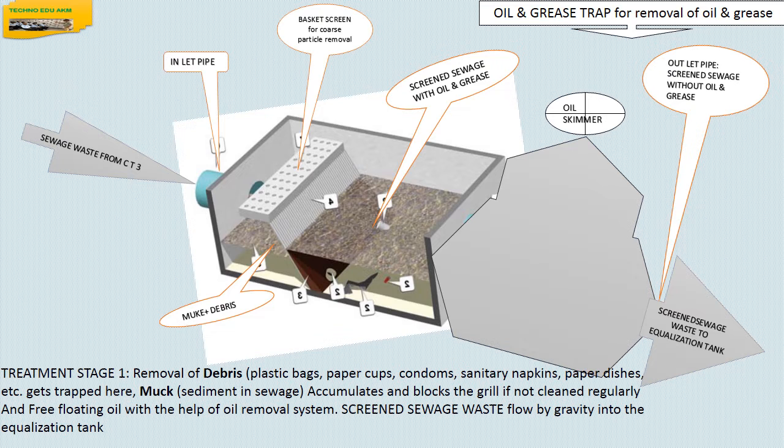These screenings should be collected and disposed of at regular intervals by landfill or burying. The oil and grease trap is well equipped with an oil removal system, that is an oil skimmer bell type, where free floating oil is removed from the raw water.